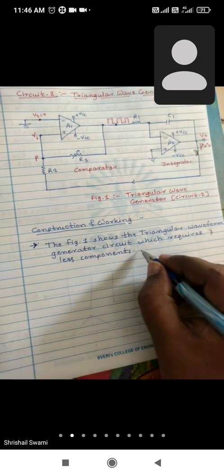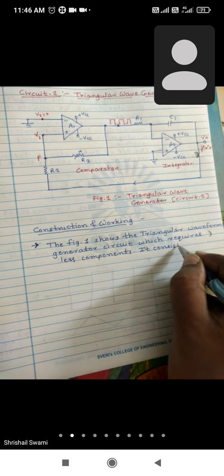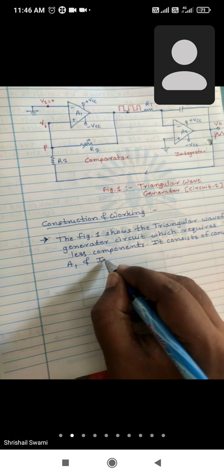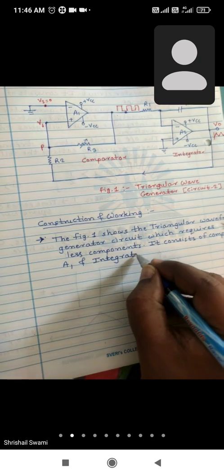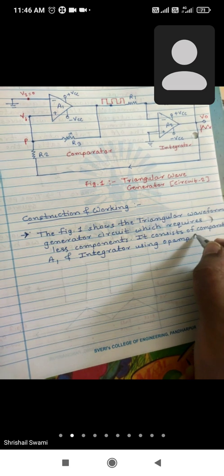It consists of comparator A1 and an integrator using op-amp A2.